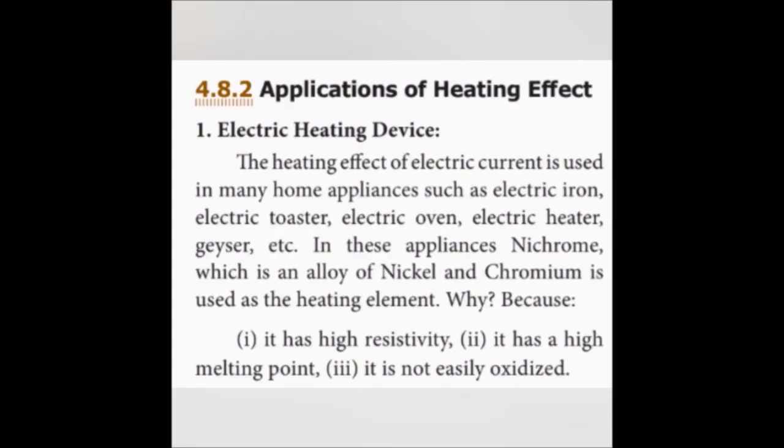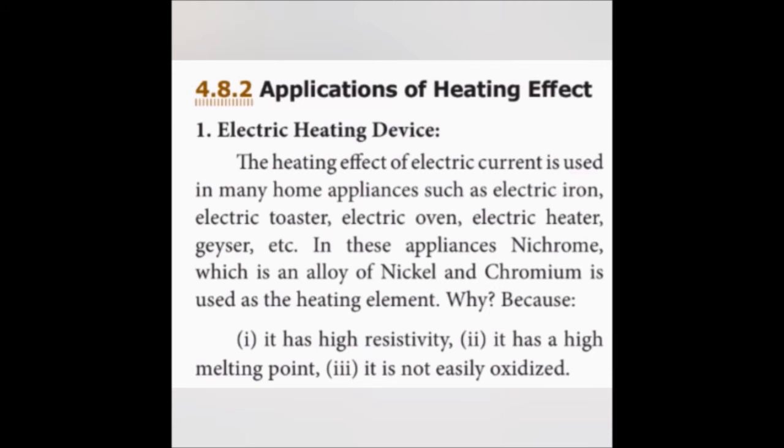The heating effect is used in many home appliances like electric iron, electric toaster, electric oven, electric heater, etc. In all these appliances, nichrome wire is used as heating element. What is nichrome? It is an alloy of nickel and chromium. It is used as the heating element because of the following reasons.